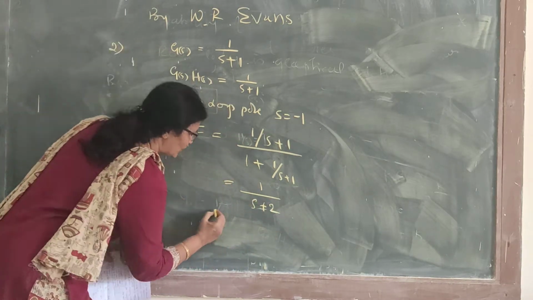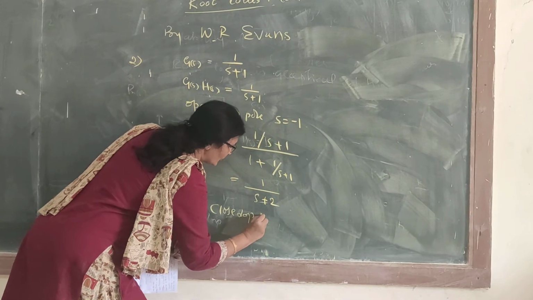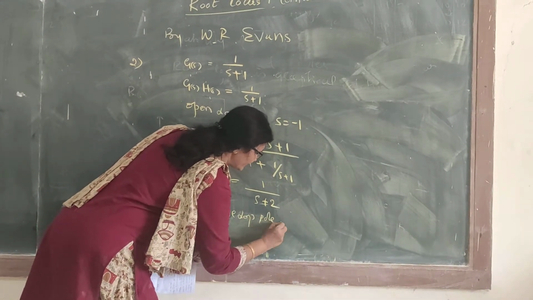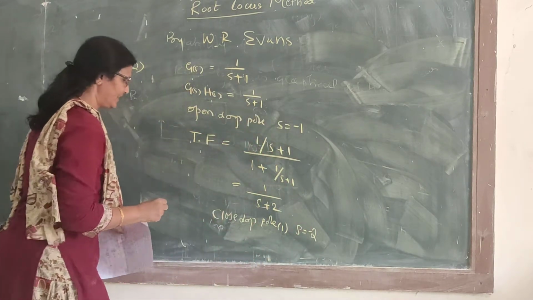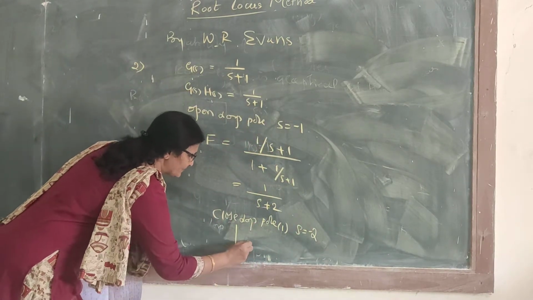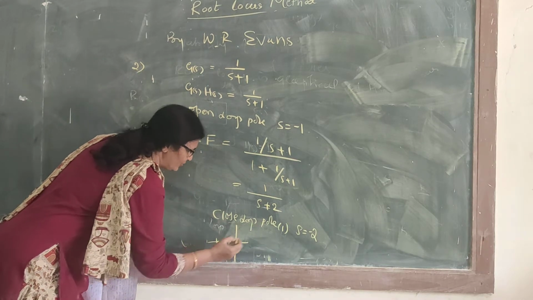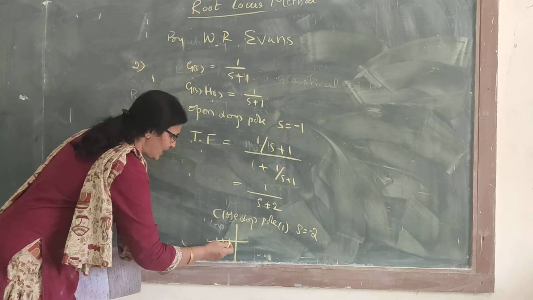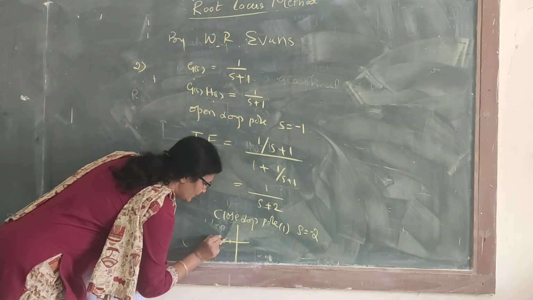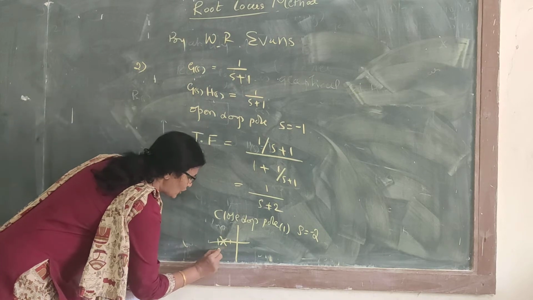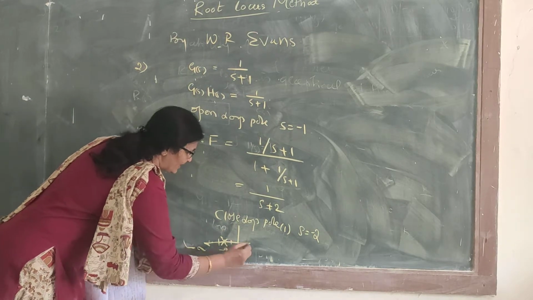Thus, the closed loop pole is at s equal to minus 2. In the s plane, taking a suitable scale, it is a negative value, so this pole lies on the left half of the s plane. It is shown by a cross. Its value is 2, on the negative real axis.